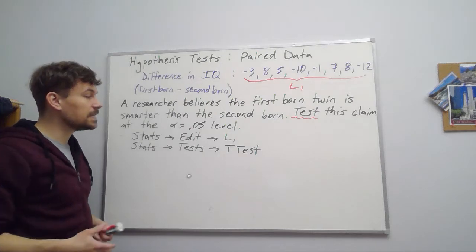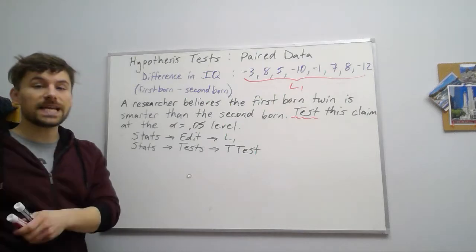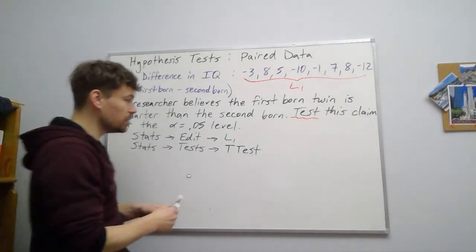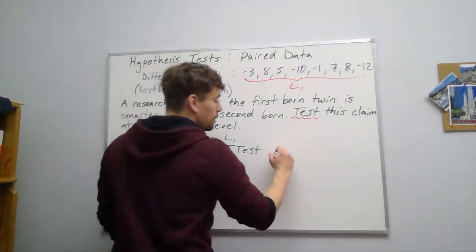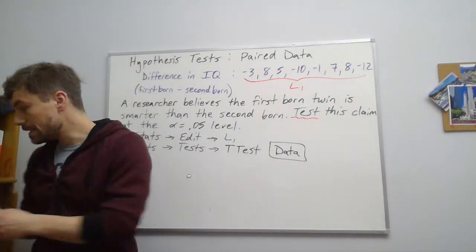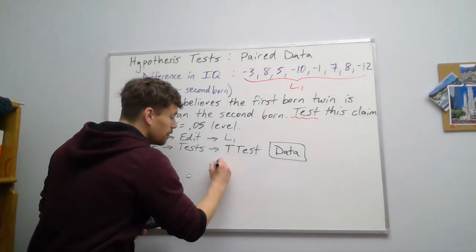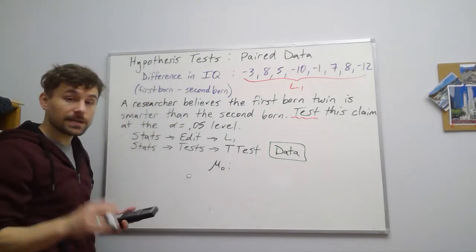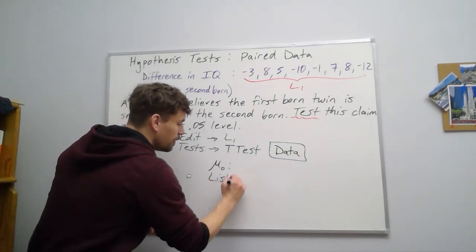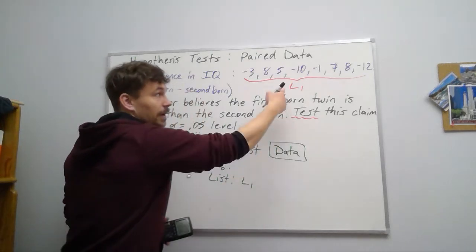Since we're using a t-test, you have options when you're running this. You can either choose data or stats. Since we have all of our data in a list already, we're going to choose data. The t-test is going to ask us a few things. What is mu0, the null hypothesis mu? What list do we want to use? In this case, we're choosing list 1.